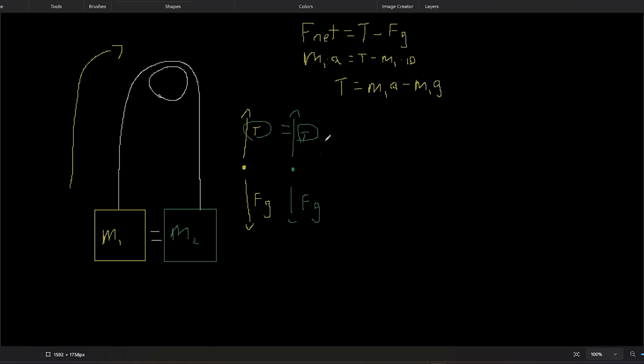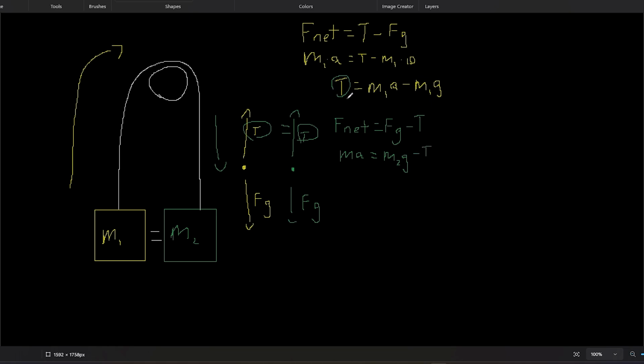Now we can use this T to plug it in for a new problem. So let's solve for the F net of M2. F net equals, the force of motion is this way, what's acting that way? Fg. So it'd be Fg minus T. So M2A is equal to M2 times the acceleration of gravity minus tension.